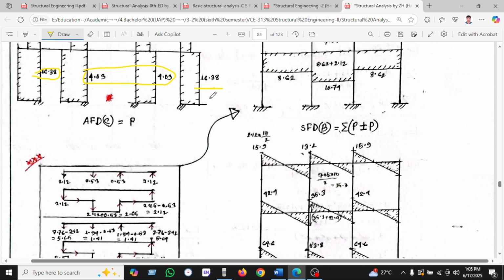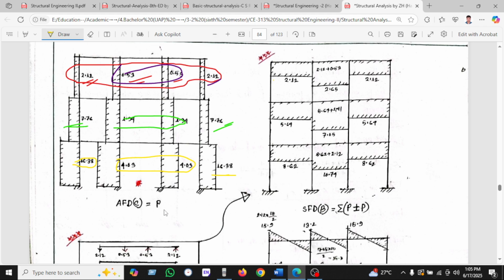These are the axial diagrams of the columns, starting from here. Now we can calculate the shear force of the beam. So the shear force of the beam we have taken here.